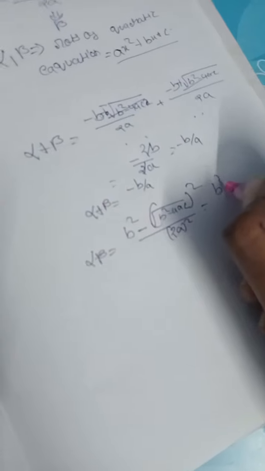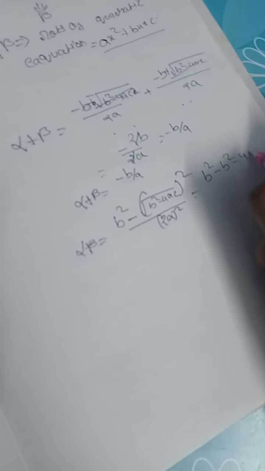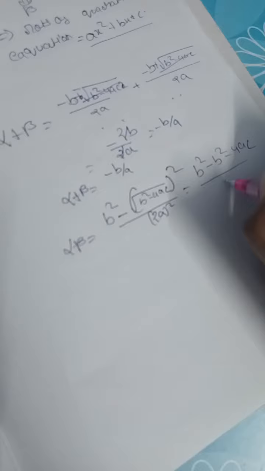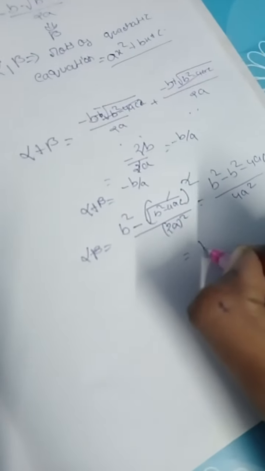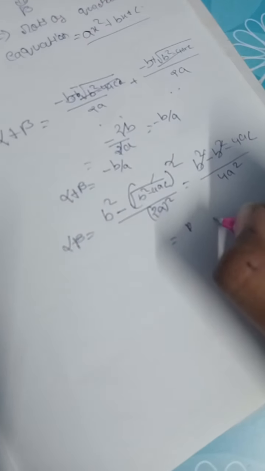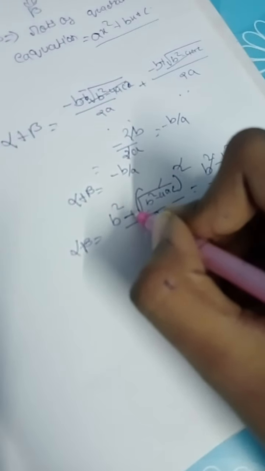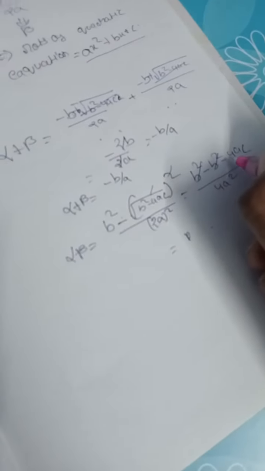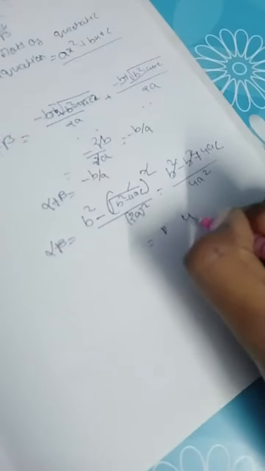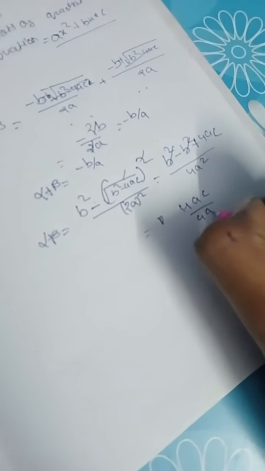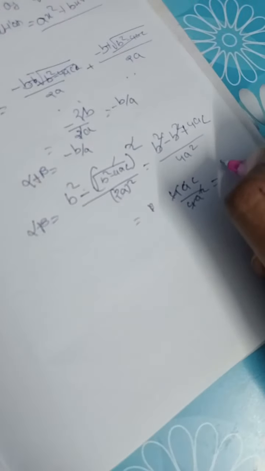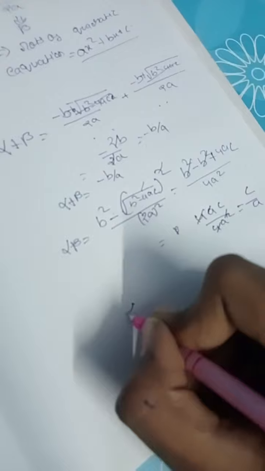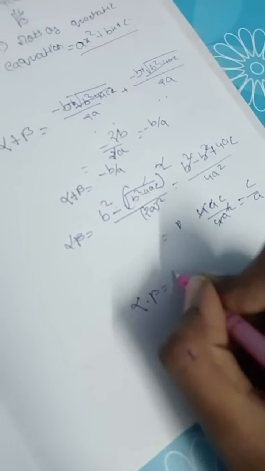So we get b square minus b square minus 4ac by 4a square. Now the root and the square get cancelled, and b square minus b square gives 0. Then we have minus 4ac. Outside it's a minus, so that becomes plus 4ac by 4a square. The 4 gets cancelled, and a and a square get cancelled, leaving c by a. So alpha times beta is equal to c by a.